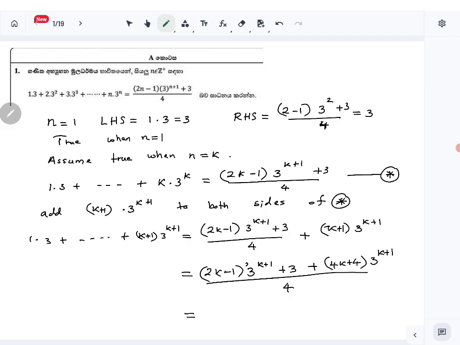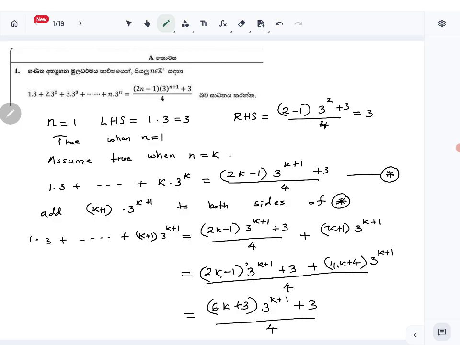Now group the 3^(k+1) terms, you get what? 2k and 4k, you can add, 6k, minus 1 and plus 4 is 3. So this times 3 times 3^(k+1) plus 3 over 4.